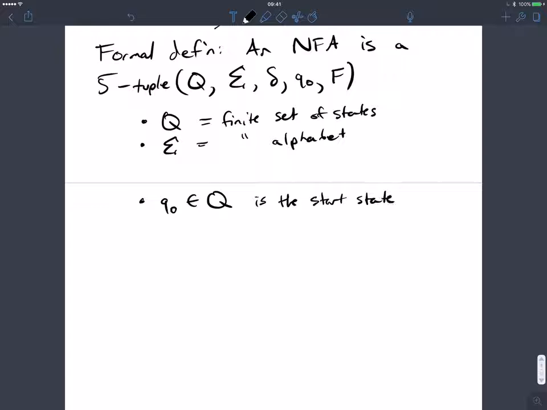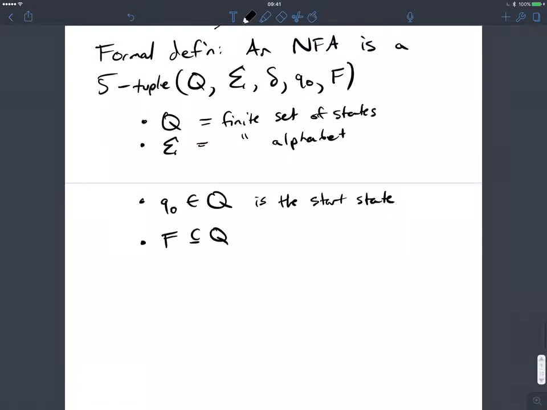Exactly one start state as before. And F is a subset of Q. So those four pieces are exactly the same. Okay, so I'm going to have a set of states, some alphabet, some predefined start state, and a subset of the states being final, just like with DFAs, exactly the same.